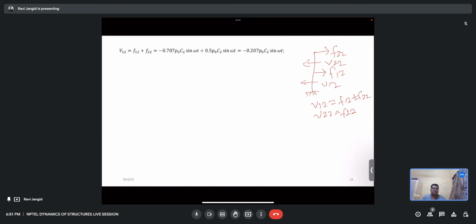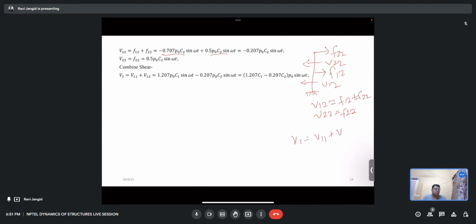I have put in the values of f12 and f22, so v22 comes out to be 2.5 c2 sin omega t. So the combined shear for the first story would be v11 plus v12, and for the second story it would be v21 plus v22. This way, if we combine the equivalent static forces, we get this.